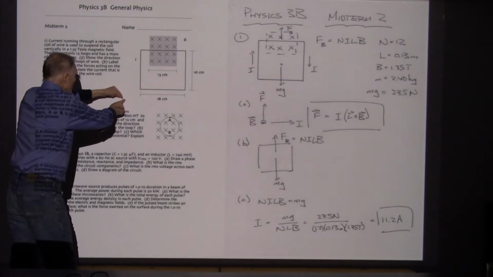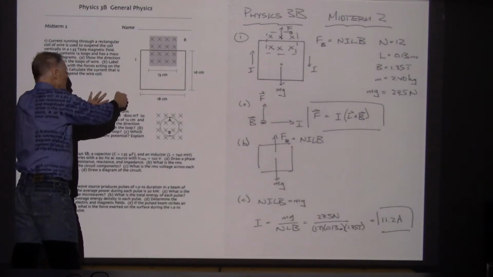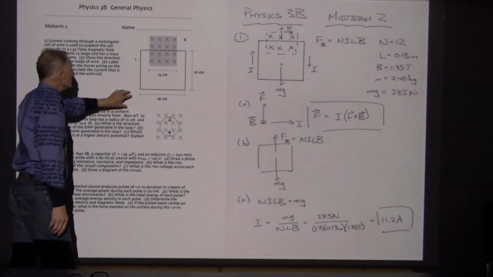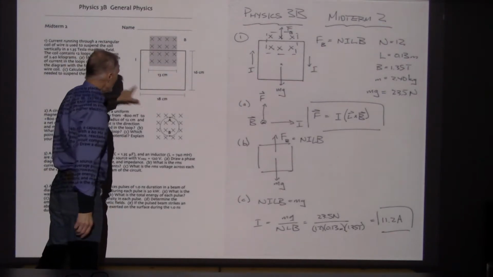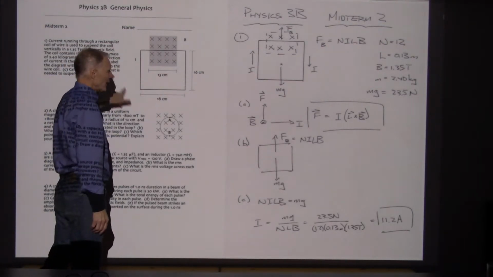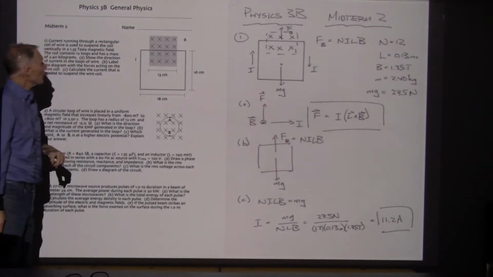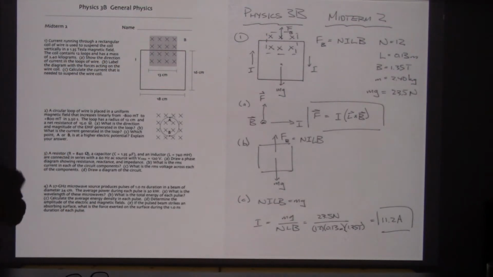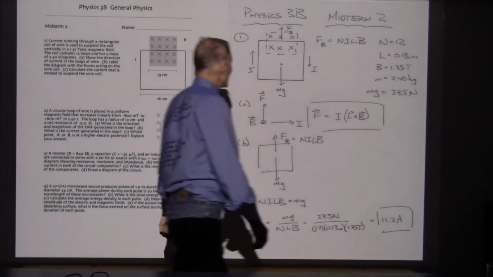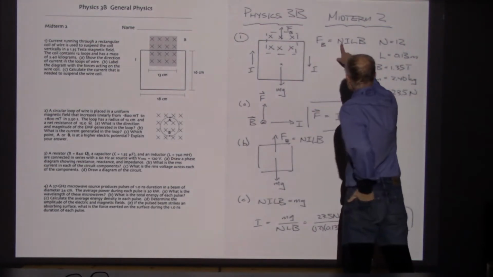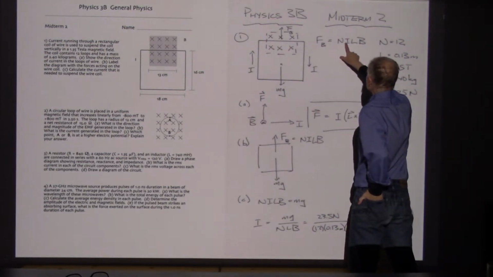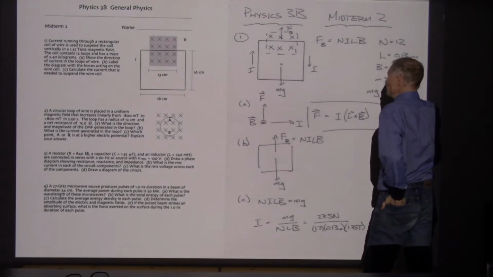And so I've got wires out here to a battery, and I've closed the switch. So current is going through here, one way or the other. I guess we have to determine which way that would be. But as long as we have current going through there, and there's a magnetic field region, we're going to get a force. And so the force here is going to be given by N times I times L times B.